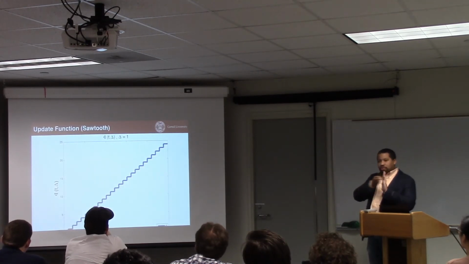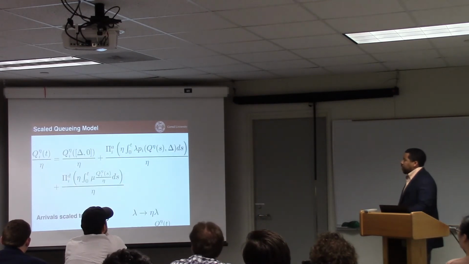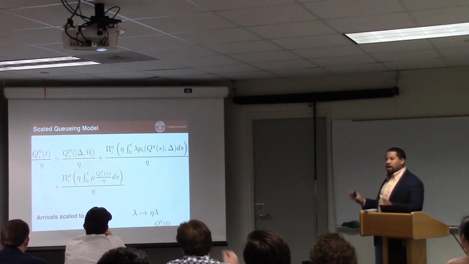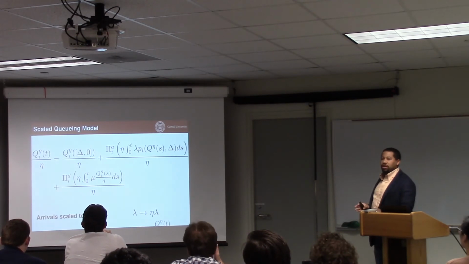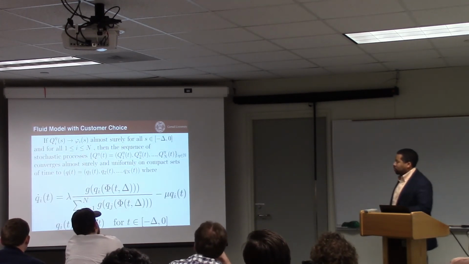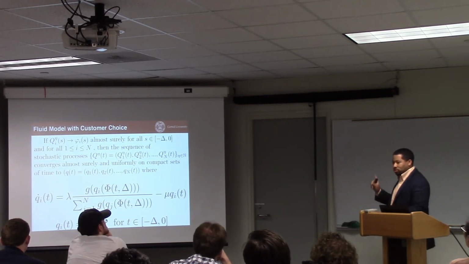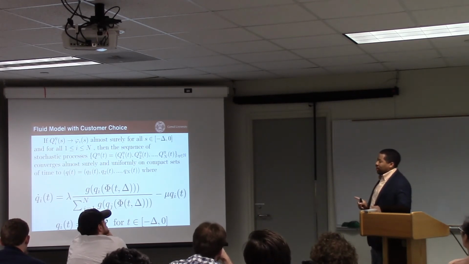It's fixed for some time, it updates, it's fixed for some time, it updates, etc. Same idea, we can scale the system appropriately. As we send our parameter off to infinity, we get another dynamical system. This is not a delay differential equation, it's a functional differential equation.